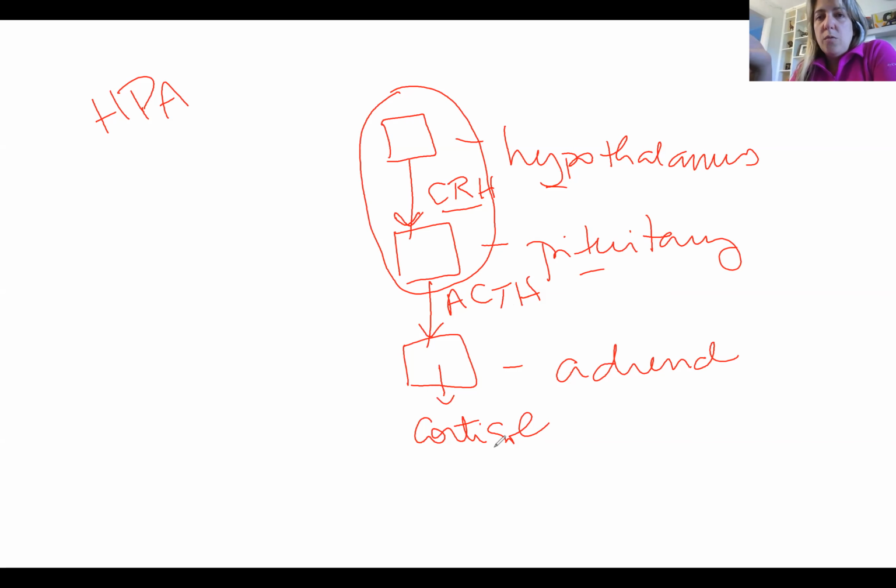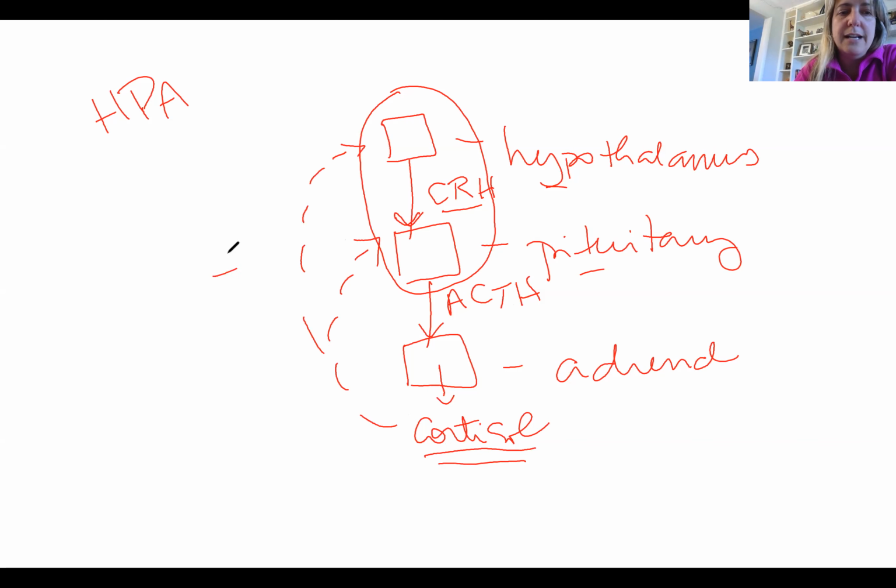Cortisol works in what we call a negative feedback loop. The negative feedback loop means that when you have a good enough level of cortisol circulating in the blood, and that's why it's the dashed line, because it's negative, okay? It tells the hypothalamus and the pituitary to stop forming and releasing CRH and ACTH. It says, you know what, we don't need any more.